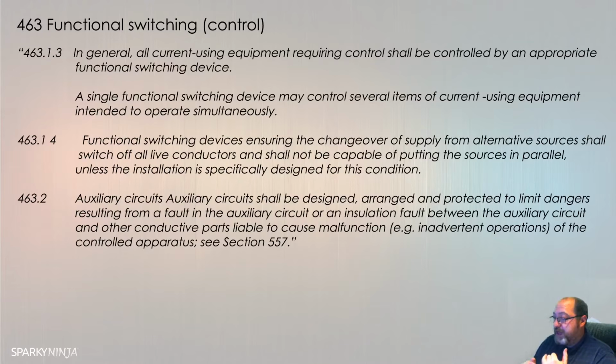But we do need to make sure that any faults in the circuit or installation faults between the auxiliary circuit and the wiring system, so control panels and all of that, will not cause any malfunction. Malfunction can be created in a number of ways. You can have damage within the control circuit that could create an induced voltage, which could then result in a functional switching device, or even an automatic device, falsely operating.